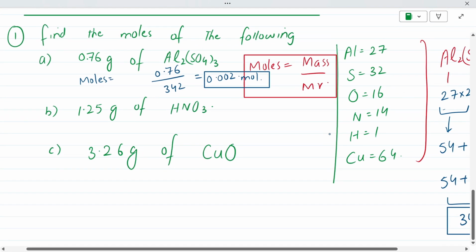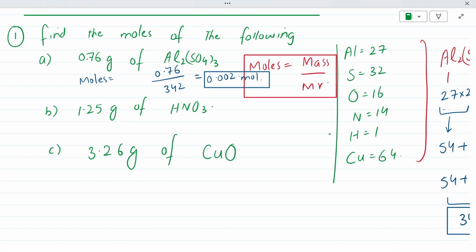You have the values. Tell me the atomic mass of nitrogen. Yes, it is written. Take the atomic mass values from there and try this question.